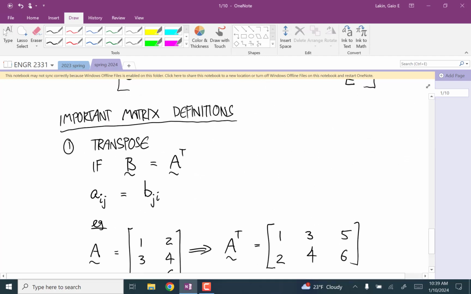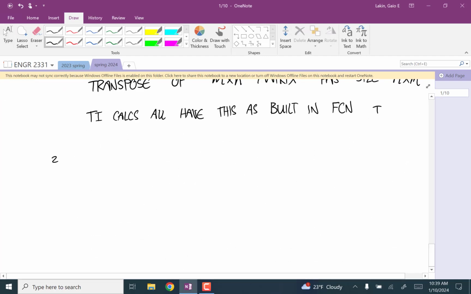Okay, the next definition we need is a square matrix. And that means same number of rows and columns.